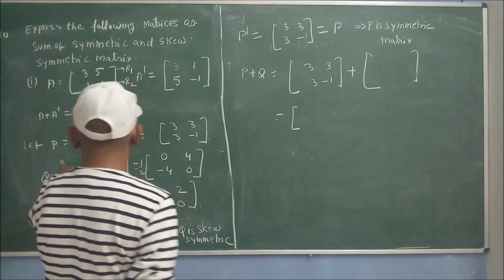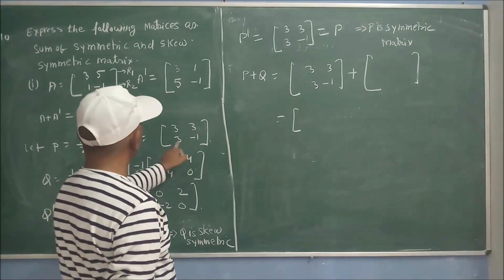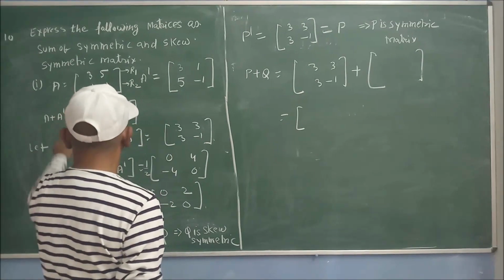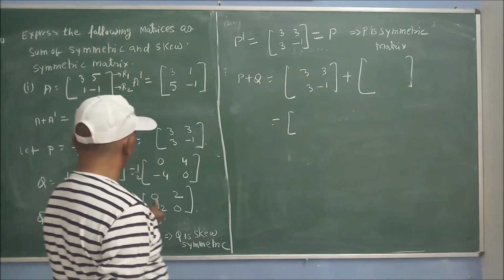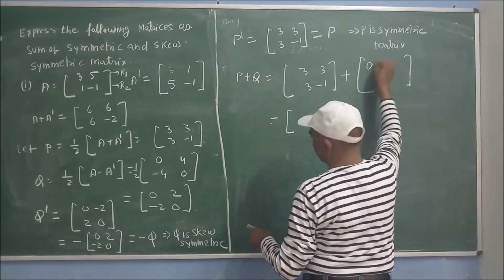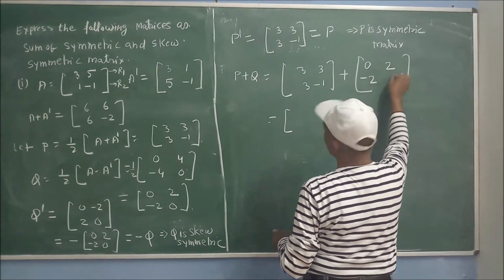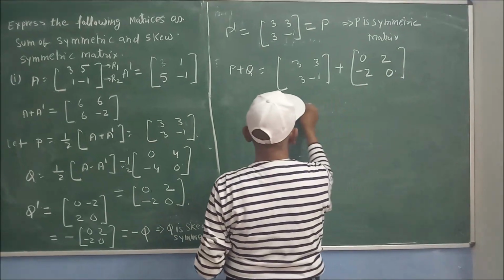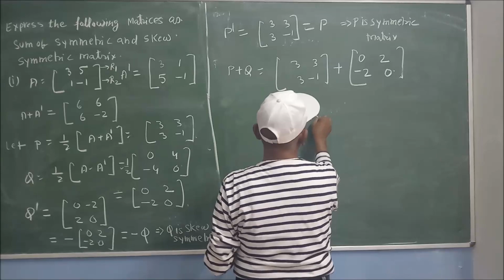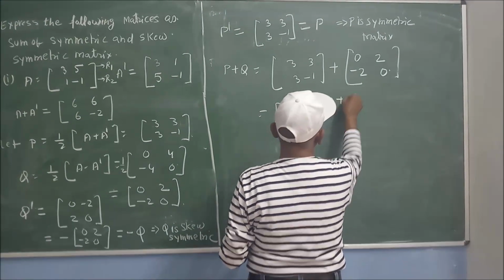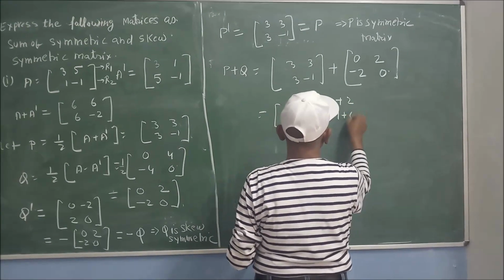Now try to show how we can say that P is a symmetric matrix. Once again check, P is equal to 3, 3, 3 and minus 1, and Q is equal to 0, 2, minus 2, 0. So add these two: 3 plus 0, 3 plus 2, 3 minus 2, minus 1 plus 0.